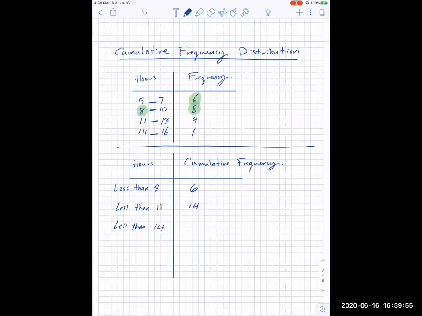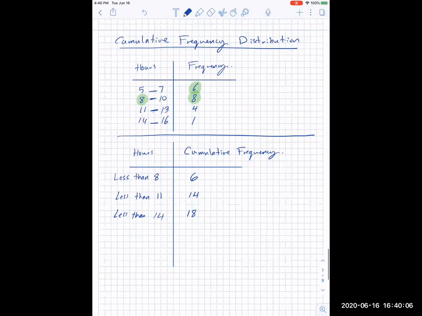So now I'm going to add the 6 plus the 8 plus the 4. That gives me 18. And then one more line, less than what? Less than 17. And all my data values are less than 17, so 19. And that's called the cumulative frequency.